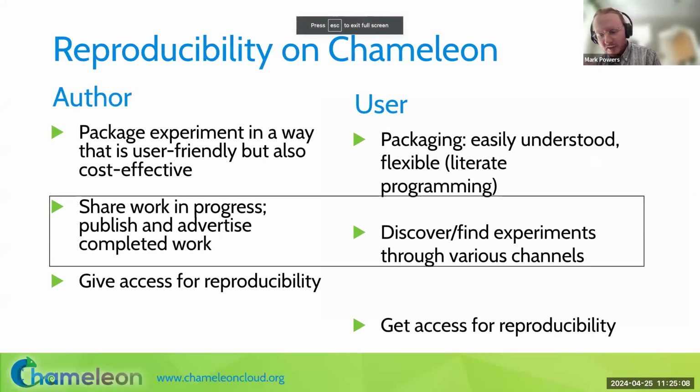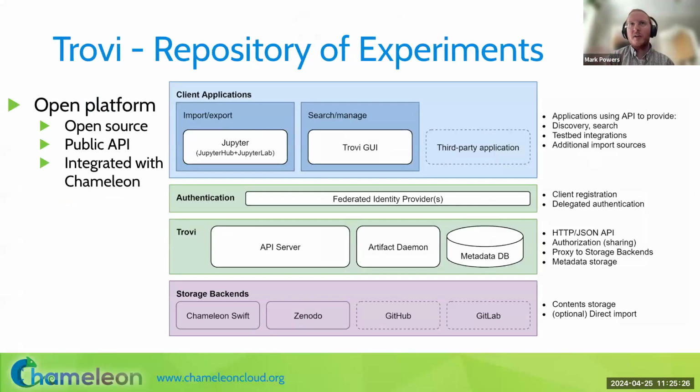The second point of reproducibility that we have tools for is being able to share your work and publish it. And then as a user, you want to be able to find someone else's work that's relevant to you. I've been saying the word Trovi, but more formally, Trovi is this API service that powers the Chameleon sharing portal.